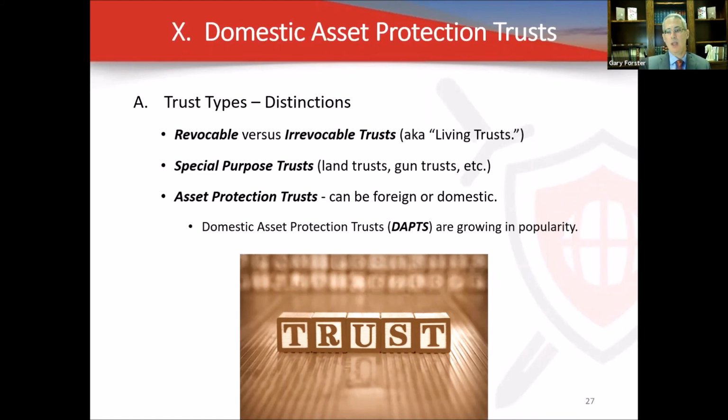We now have the asset protection trust, where you can create a trust for yourself that's protected in 18 states. Florida is not one of those states. There are guidelines and requirements for those trusts, which we'll get into.